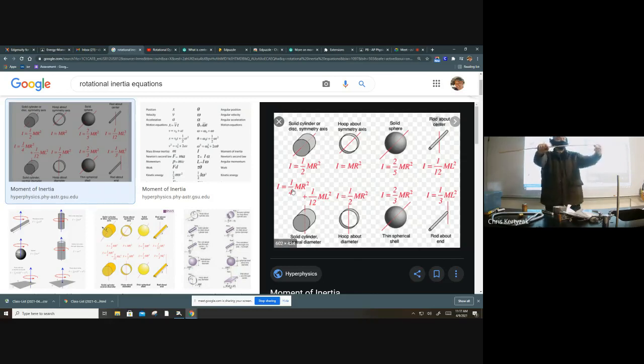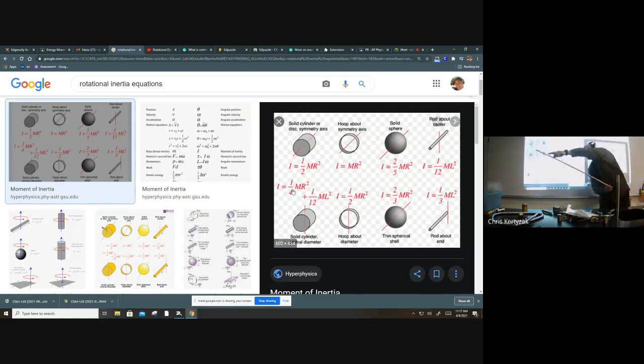The furthest chunk of wood is 50 centimeters away on both sides. However, when I go like this, the furthest chunk of wood all the way over here is now a full 100 centimeters away from the axis of rotation. That means that little chunk on the end is providing far more rotational inertia than the pieces that are closer to the center. Because again, pieces that are further away provide more rotational inertia.